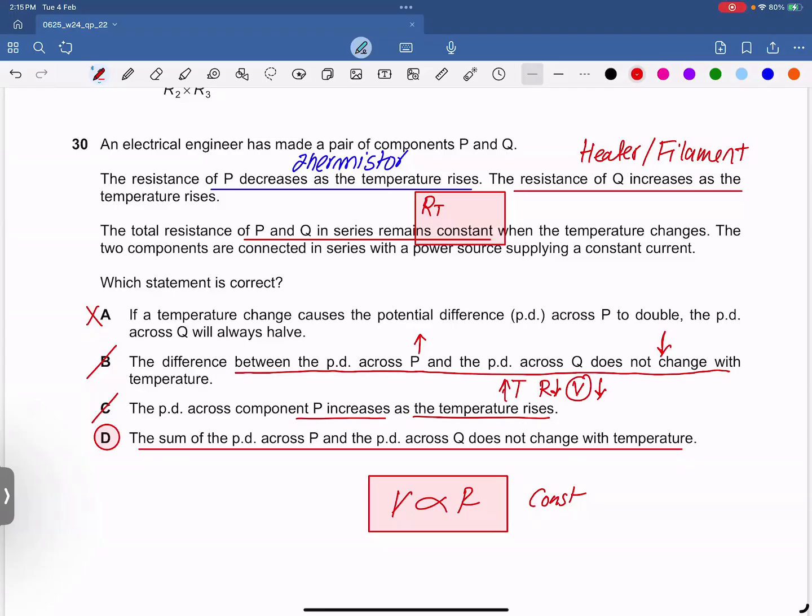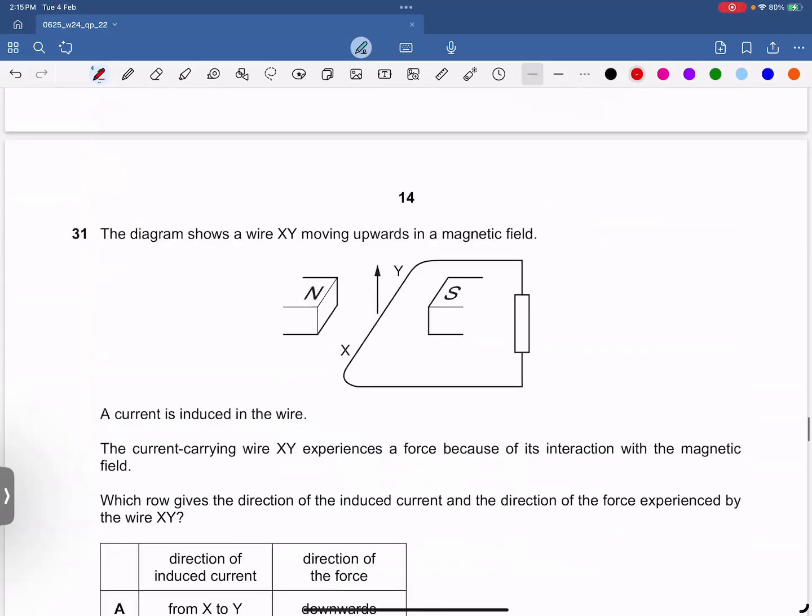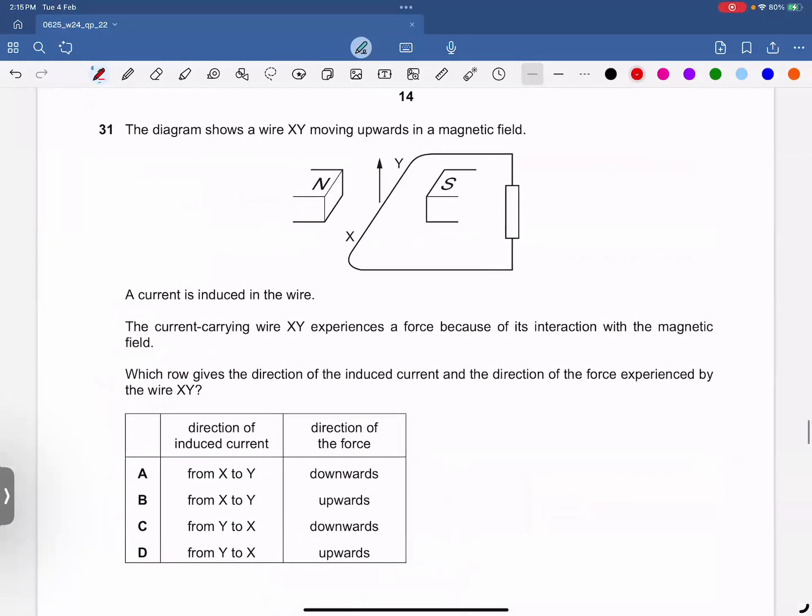Now we move to question number 31. The diagram shows a wire XY moving upwards in the magnetic field. The current is induced. I always tell my students that whenever you see induced current, directly apply Fleming's right hand rule.